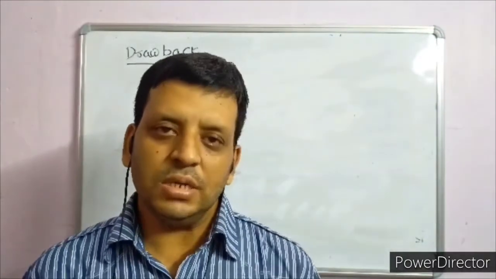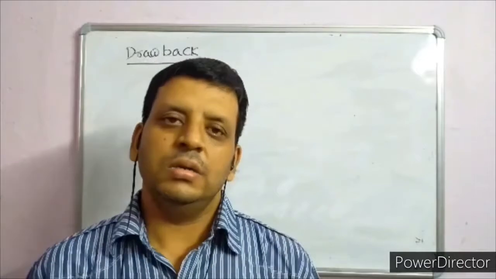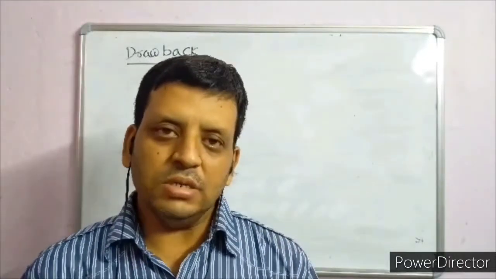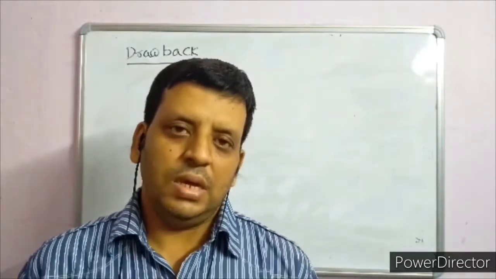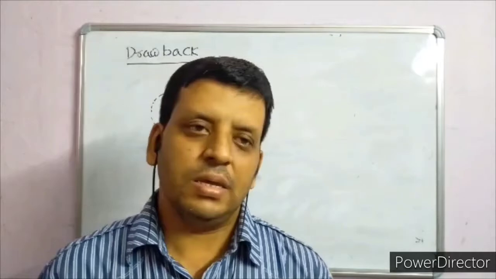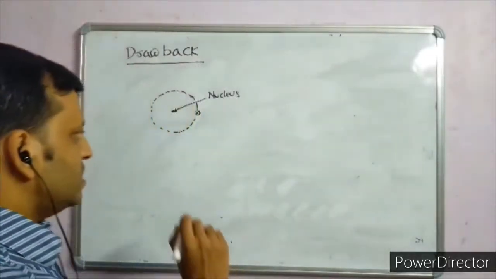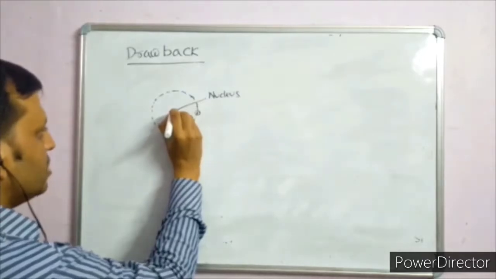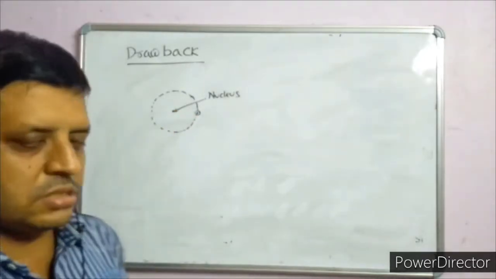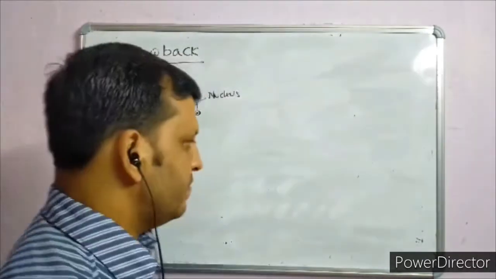We also know that these electrons revolve around the nucleus in a certain circular path at constant speed. So let us assume that this electron is revolving around this nucleus at some constant speed.